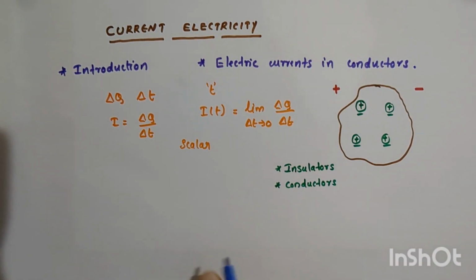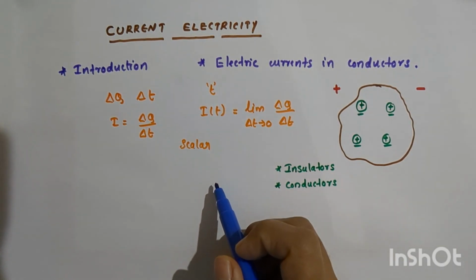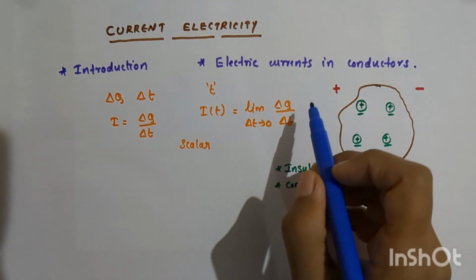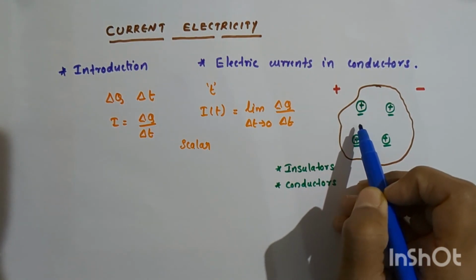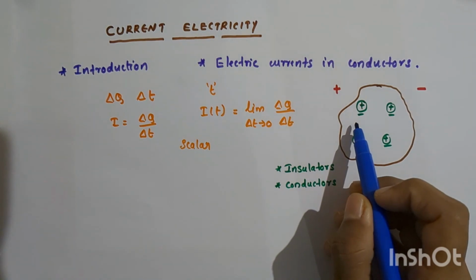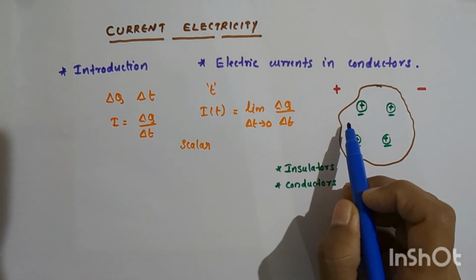Now let us talk about electric currents in conductors. We know that all materials are made up of atoms and molecules, where negatively charged electrons and positively charged nuclei are bound to each other. In some materials, electrons won't get accelerated even if an electric field is applied.